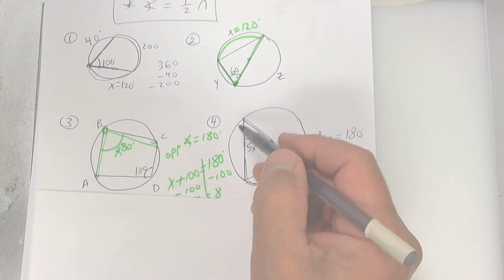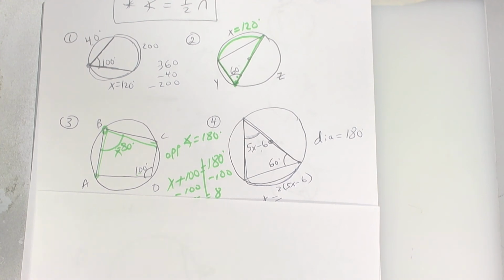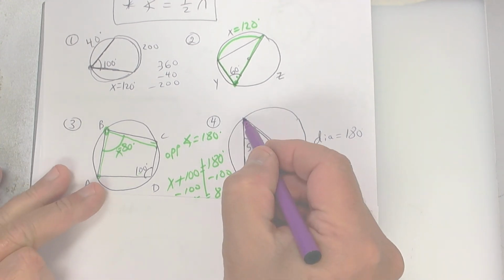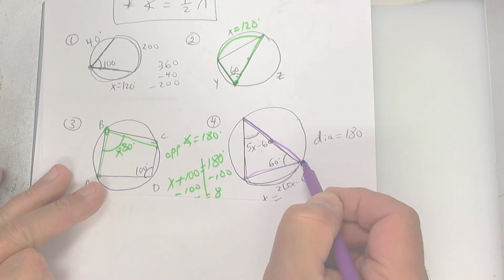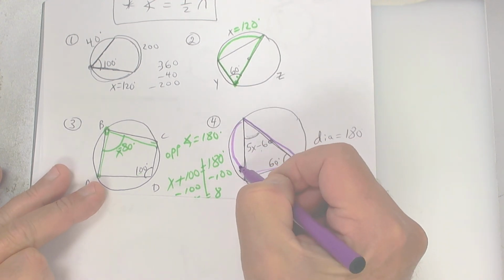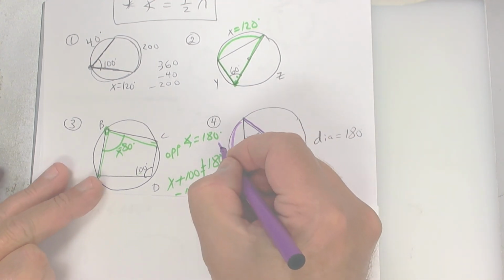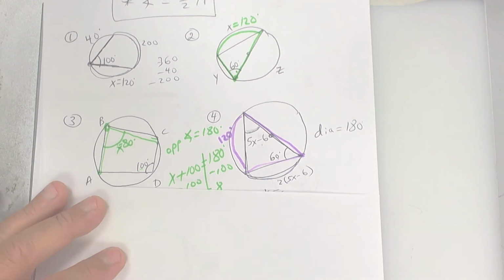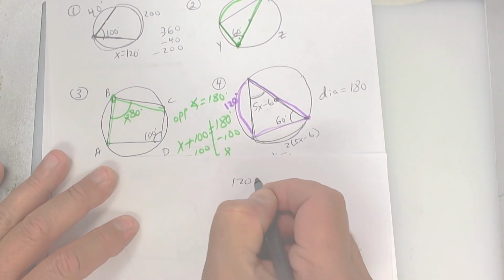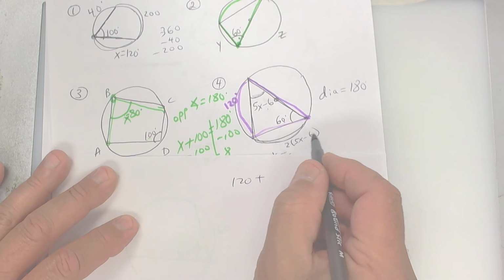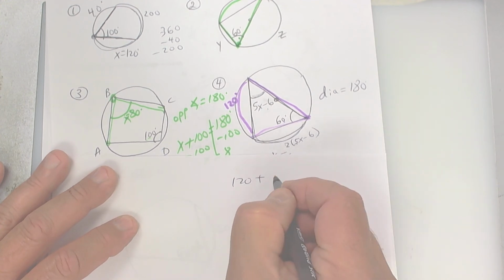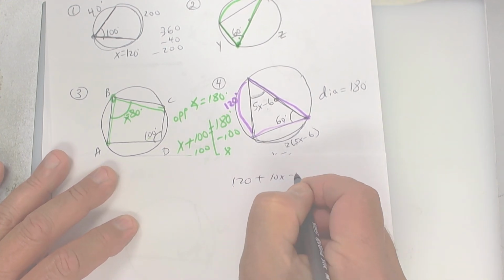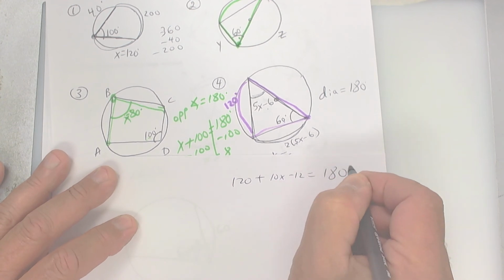And then this arc right here that I'm going to use a different color with, you see this purple angle? It's an inscribed angle. It's 60. So this arc right here has to be 120. You got to double it, okay? So now we have a diameter, and we know that it adds up to 180. So we're going to say this one plus this one, and I'm going to go ahead and distribute. 2 times 5 is 10x minus 12 is equal to 180 degrees.